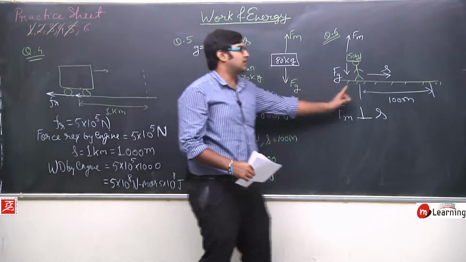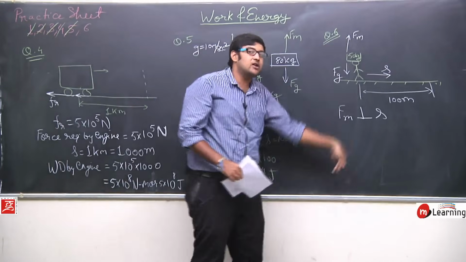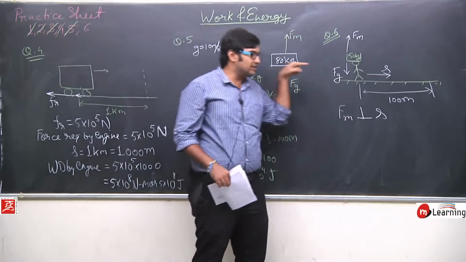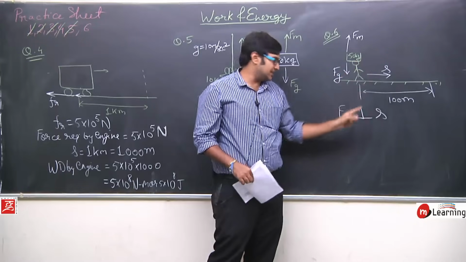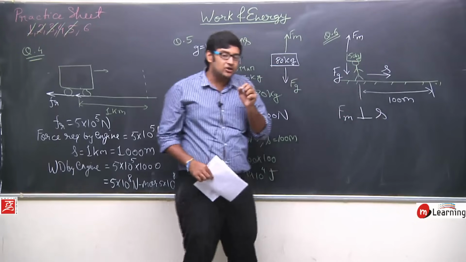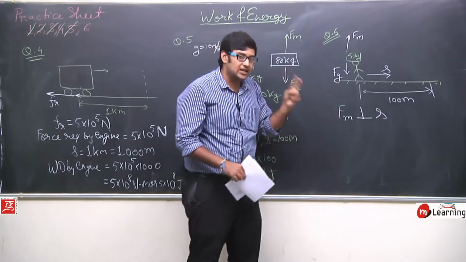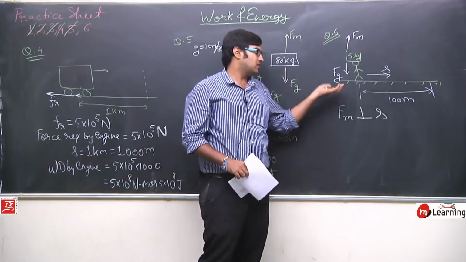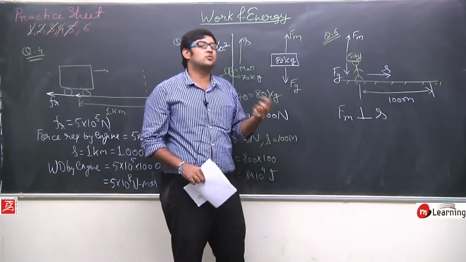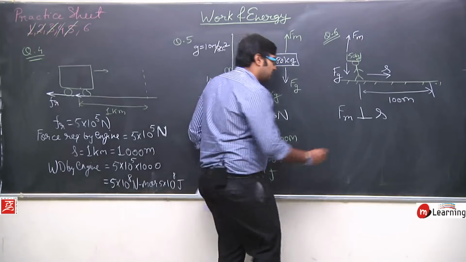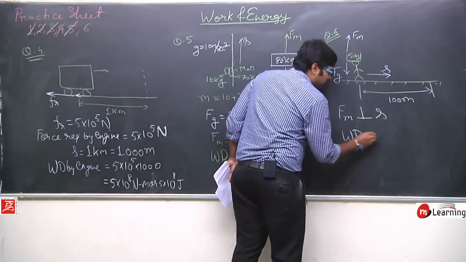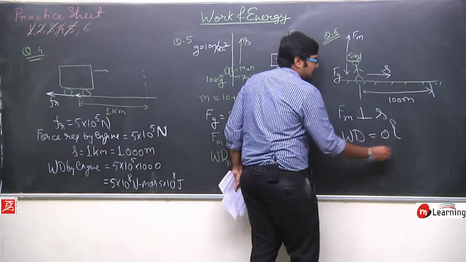Is the man moving in the upward direction, or in the downward direction? No, he is moving straight. So force and displacement are perpendicular, and this is case 3 that we discussed when we analyzed the formula of work.